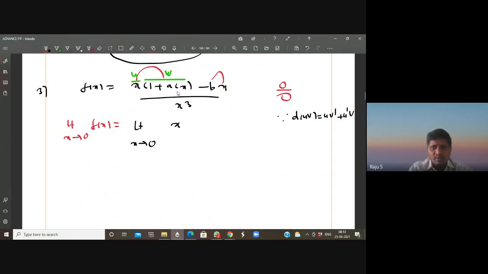So x into derivative of 1 plus a cos x, which is minus a sin x, plus 1 plus a cos x into derivative of x, which is 1. Now I have differentiated this first term. Minus b x is there, minus b x means minus b alone, by x cube whose derivative is 3x square.